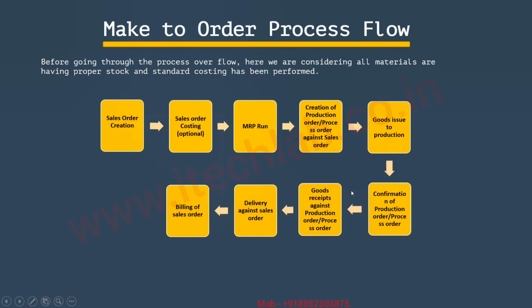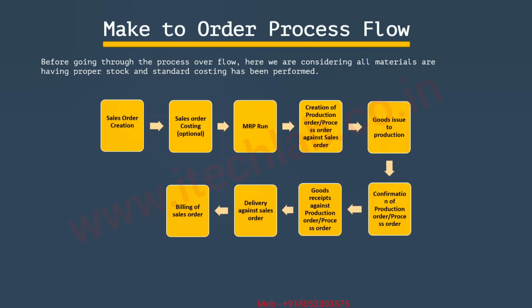So next is goods issue to production, and the main non-valuated part comes in the goods issue to production. What happens here is that in goods issue to production there won't be an accounting entry. In MTS you must have seen that accounting entries are passed over here.